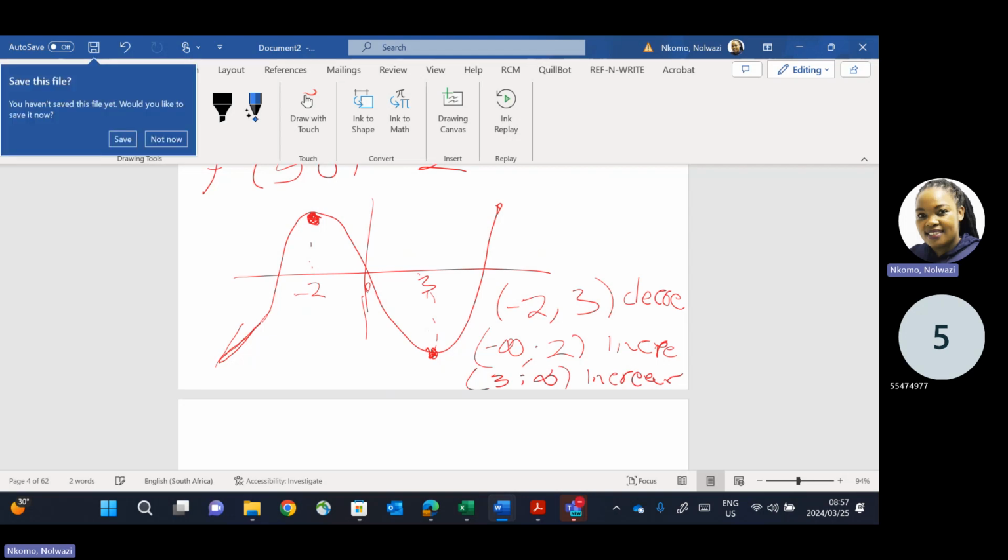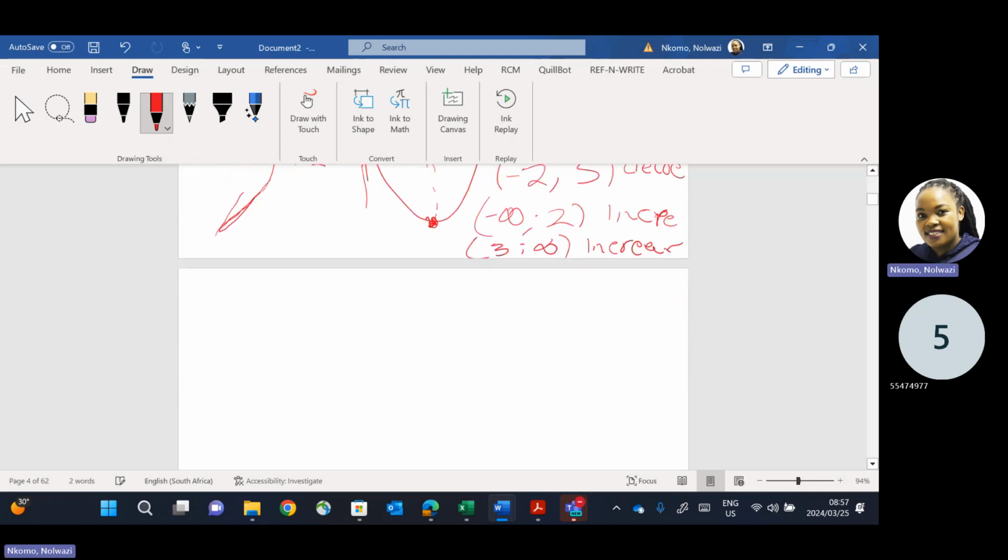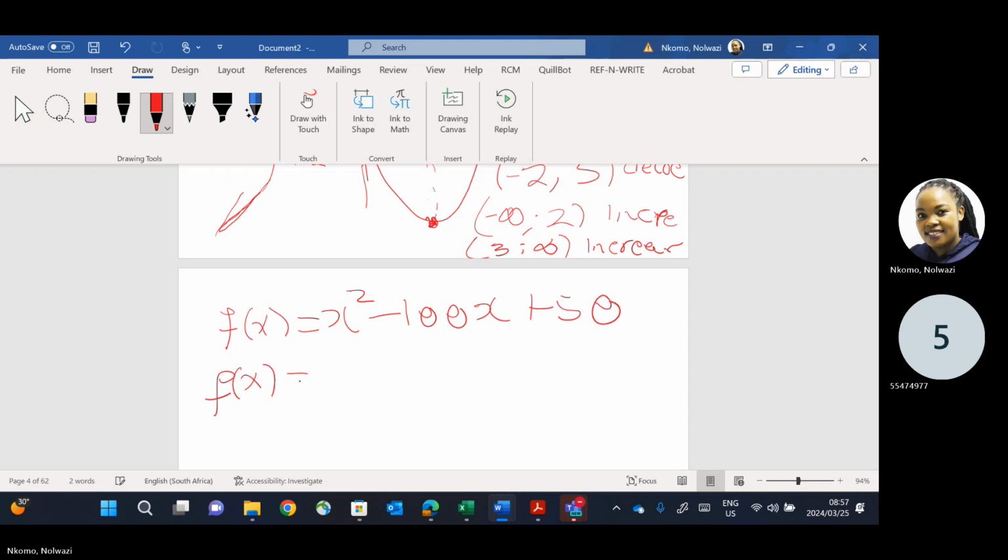Please, in your spare time, try and solve these functions: f of x equals x squared minus 100x plus 15, and f of x equals 1/3 x cubed minus 2x squared minus 5x plus 10.